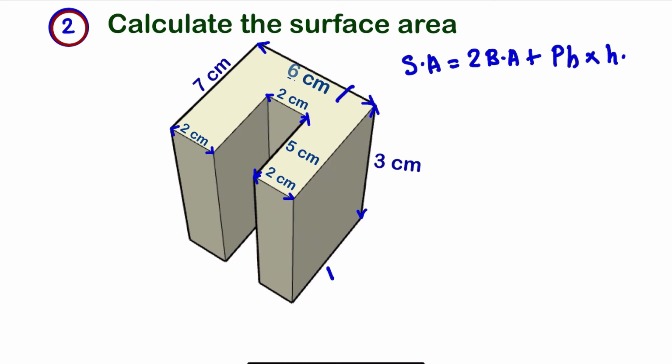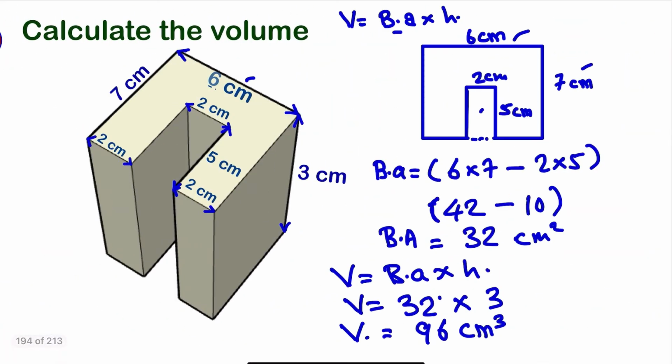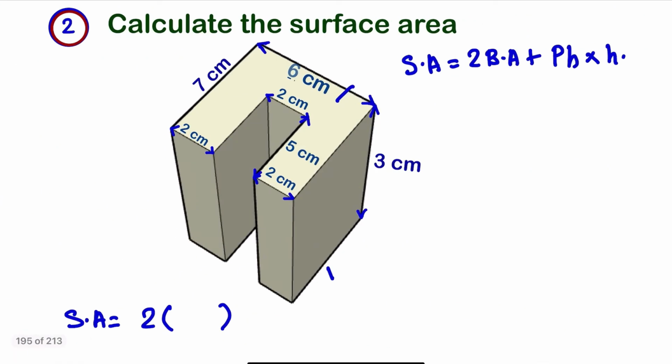If we use this formula, our surface area equals 2 times 32, since we have calculated the base area already, plus the perimeter of the base.